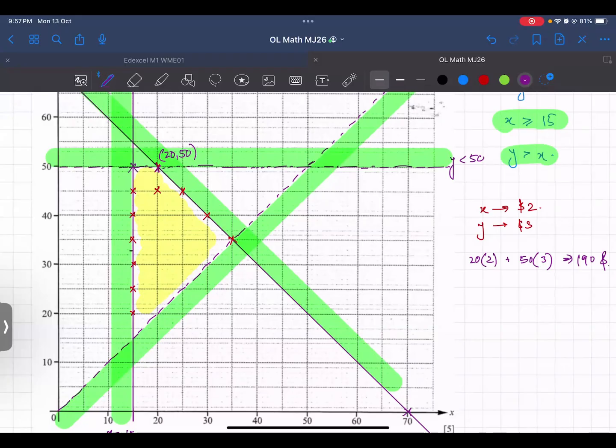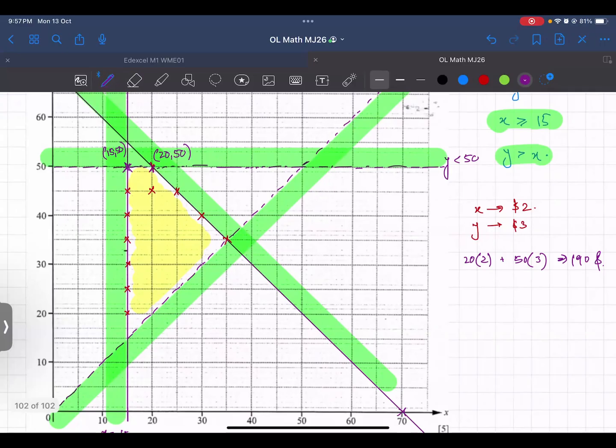We can take this point as well, 15, 50. But your X value has reduced, so the total would also reduce. 15 times 2 plus 50 times 3. This would become 180.